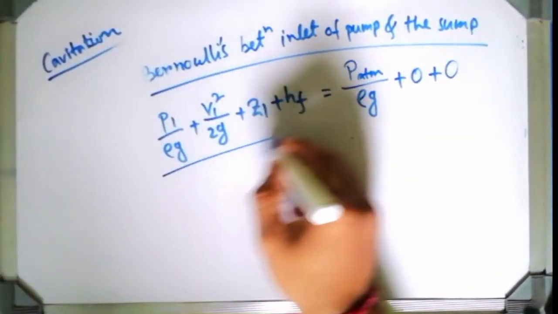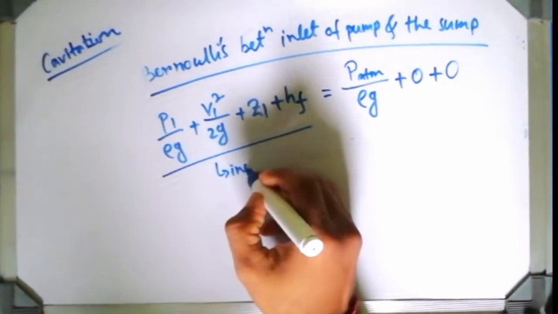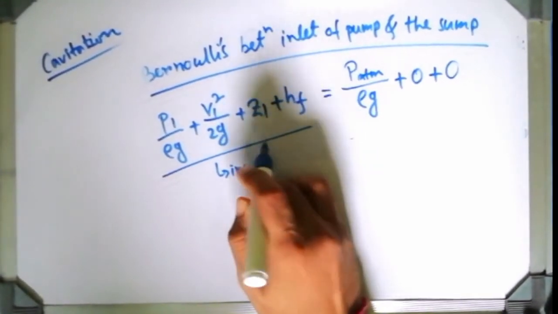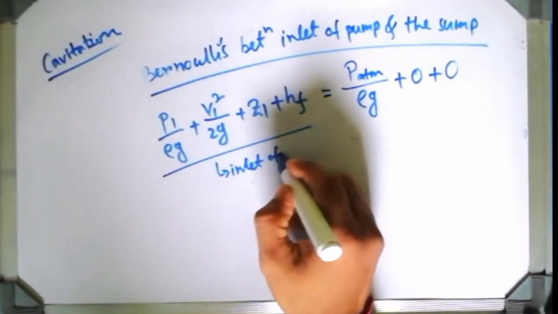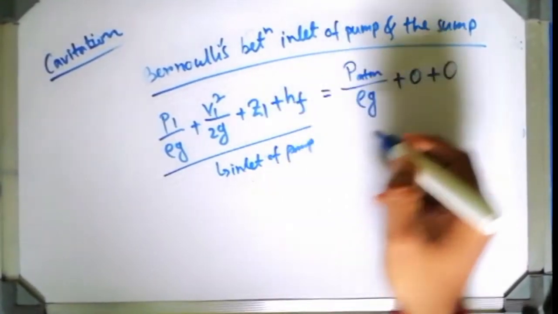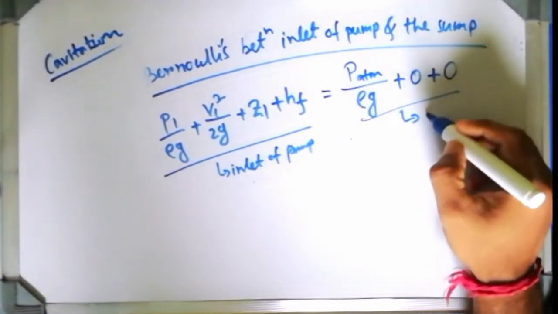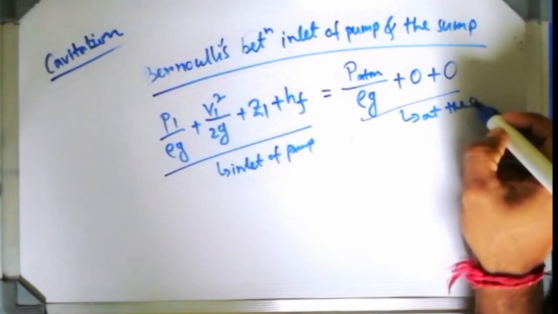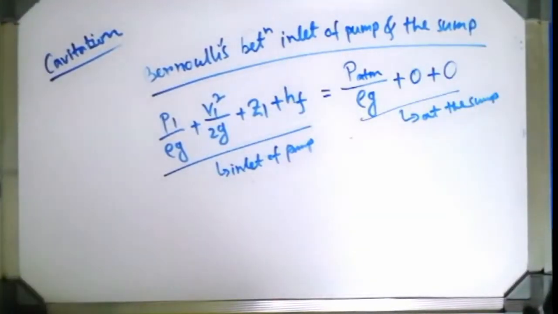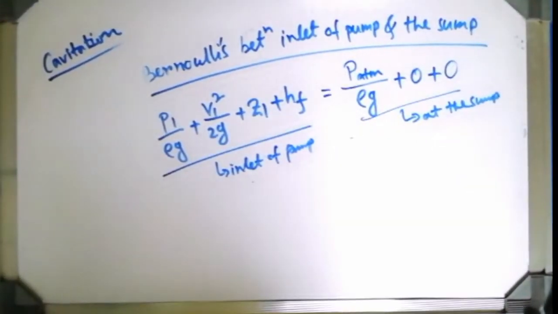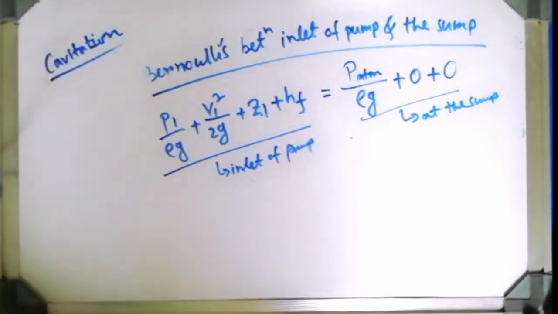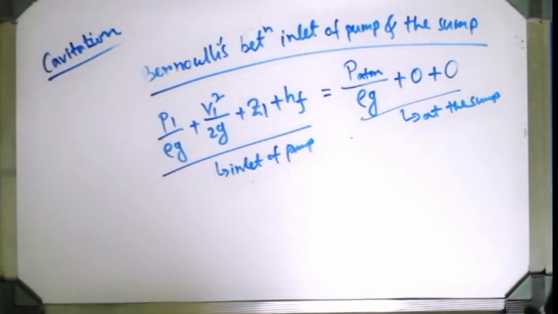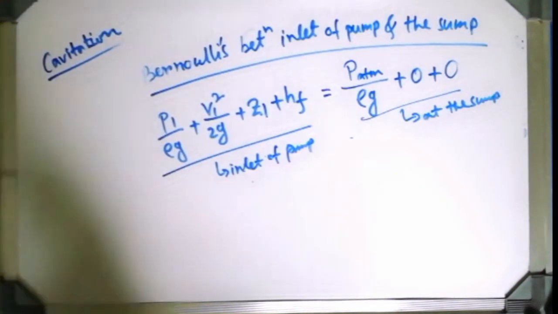So this is the inlet of the pump, and this is at the sump. Why am I considering the datum as 0? Just because I am considering the reference surface lying on the same plane as the sump.